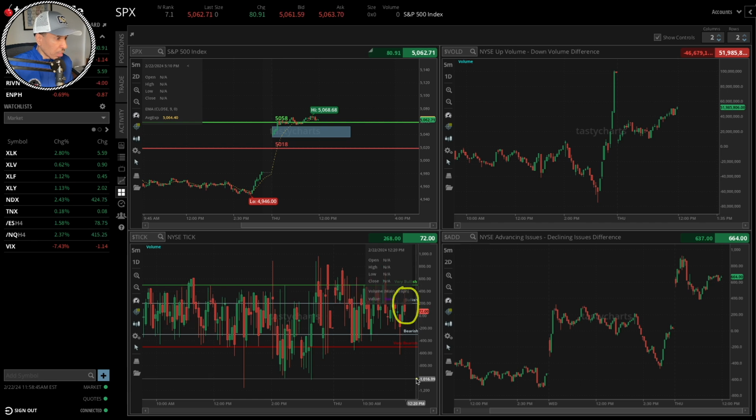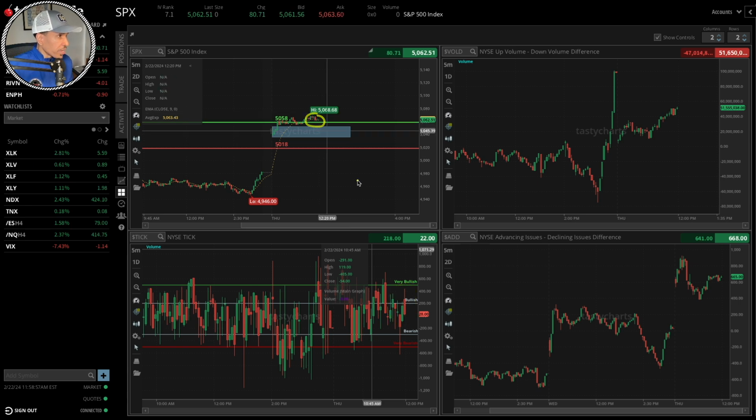The tick is primarily for those folks looking to scalp, but nonetheless it's information I like to have at my disposal, since it gives me an idea of what's going to take place with the SPX. Right now, the high for the day is 50.68, and it looks like we may continue to stay in that particular area.